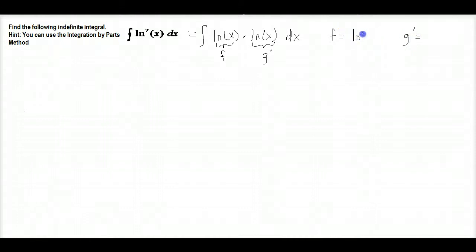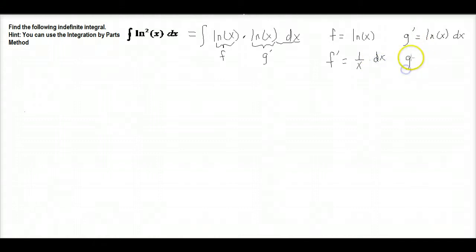So for that natural log of x, and for here, let this be natural log of x dx. So we need to include this part along with that as well. If we take the derivative of natural log of x, it's just 1 over x dx.